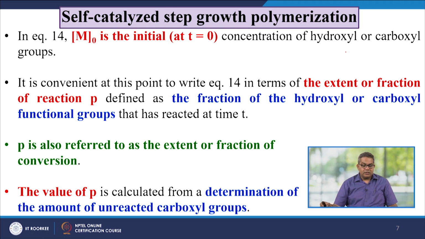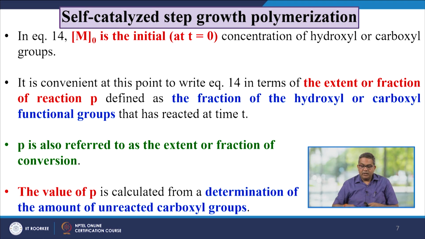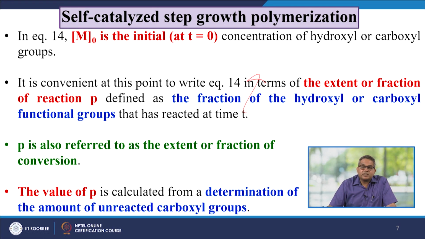In equation 14, M0 is the concentration at time t equals 0, that is, at the start. It is convenient at this juncture to write the equation in terms of the extent or fraction of reaction p, which is defined as the fraction of hydroxyl or carboxyl functional groups that has reacted at time t. p is also referred to as the extent or fraction of conversion.